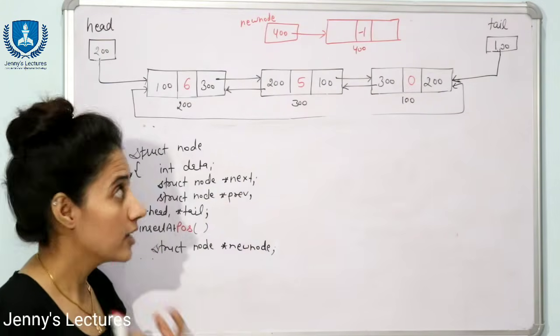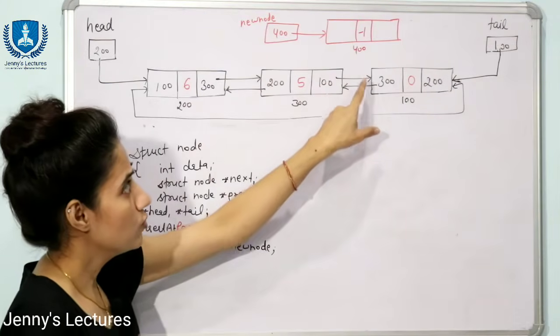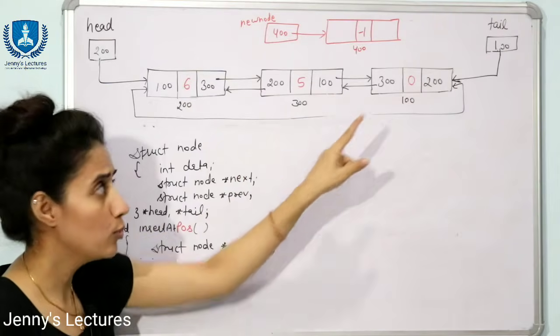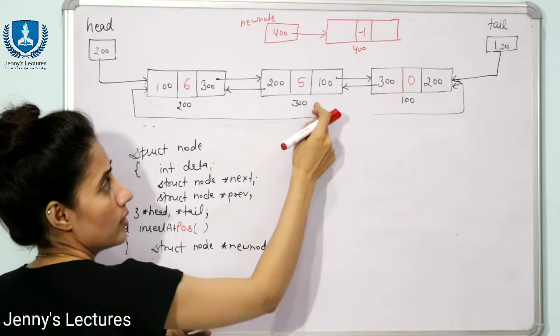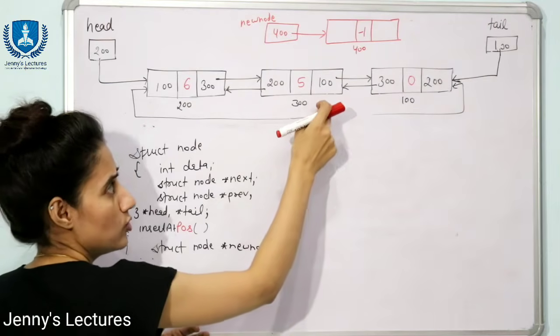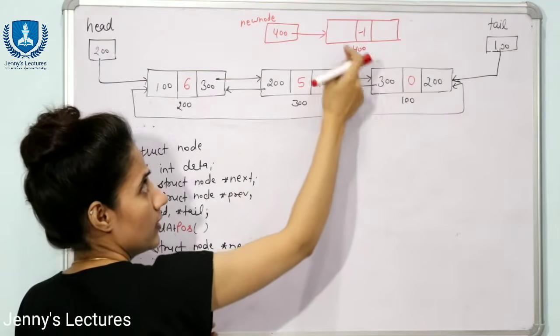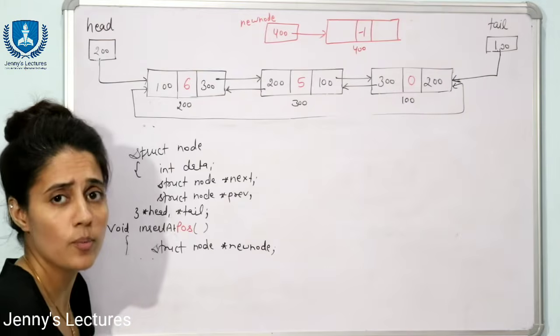Now see how we actually update these links. To insert this node here, obviously we need to reach this position, na? Till position minus 1, because we need some pointer pointing to this node. If any pointer is pointing to this node, then only can we access this pointer, and this pointer we can access using the new node pointer only. So we need some extra pointer.